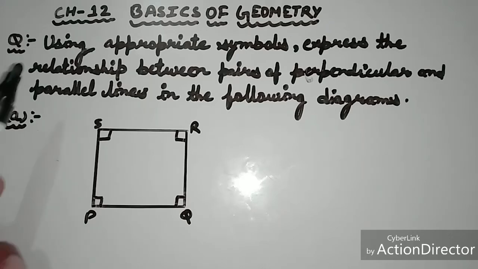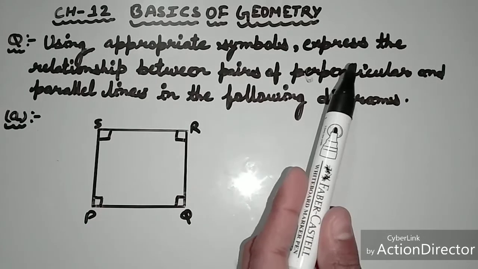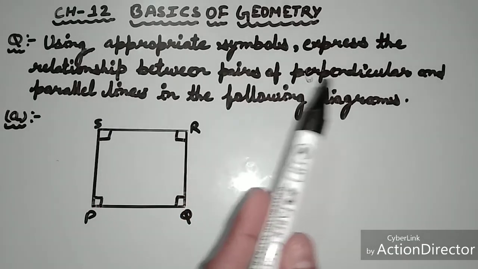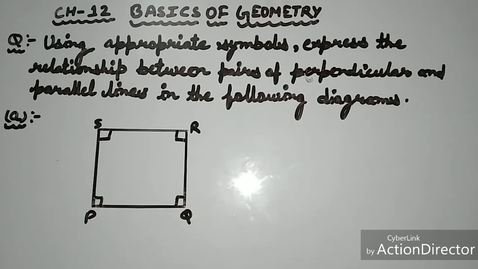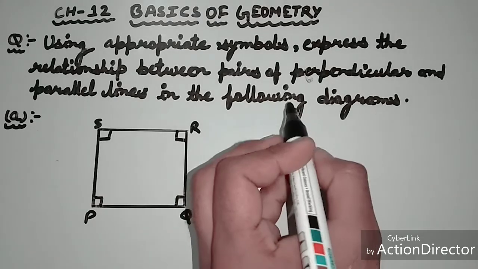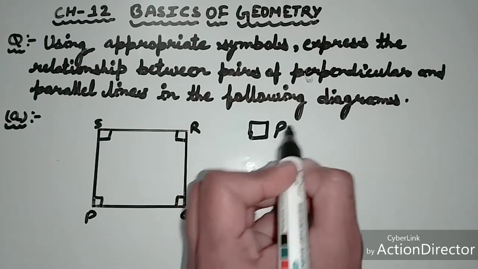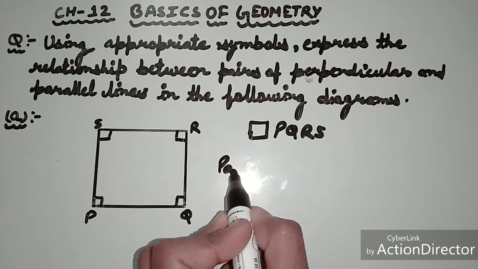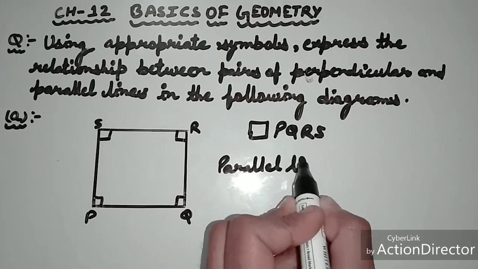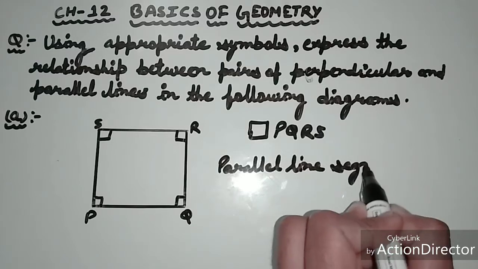Now example number 1: using appropriate symbols, express the relationship between pairs of perpendicular and parallel lines in the following diagrams. The first diagram, diagram A, shows a square and the name of the square is PQRS. Now we first find parallel line segments.